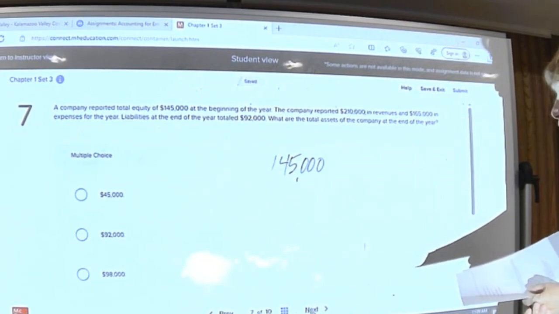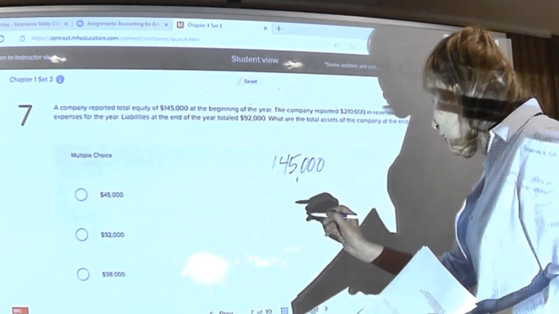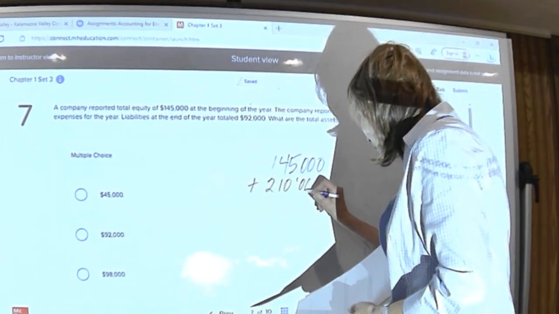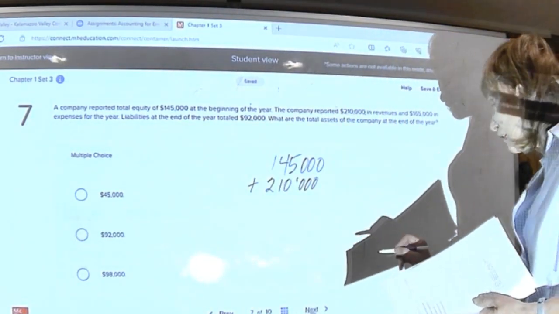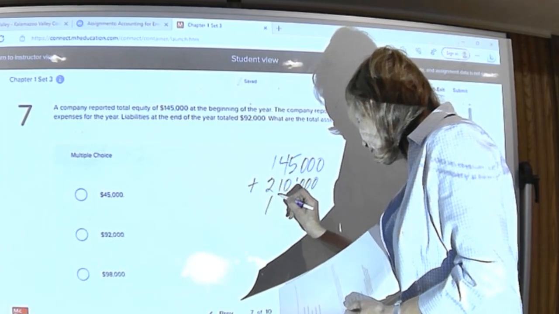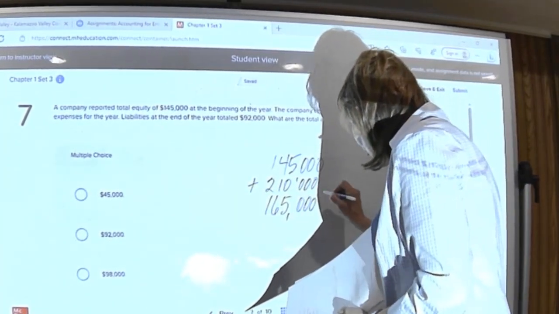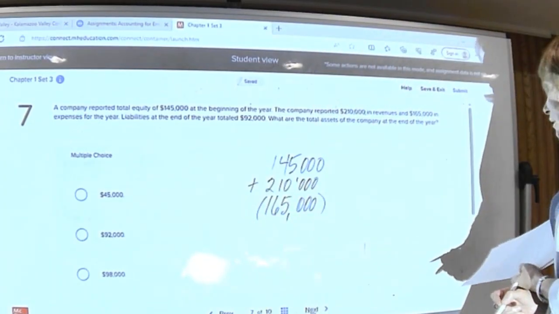That difference between revenue and expense is your income. So let's add the revenue and subtract the expense. Here it is right here, 165,000. Put that in parentheses to show you that it's going out. And that's it.